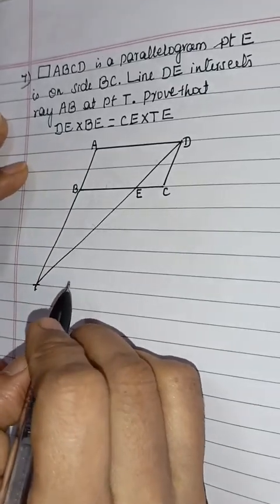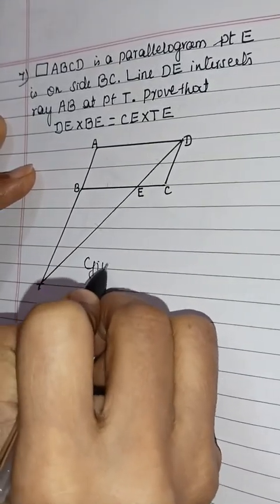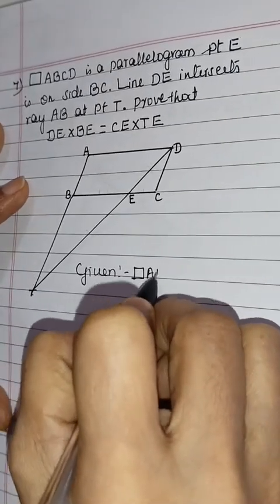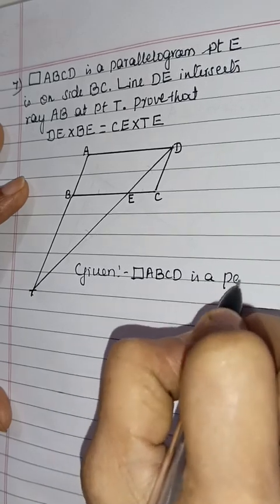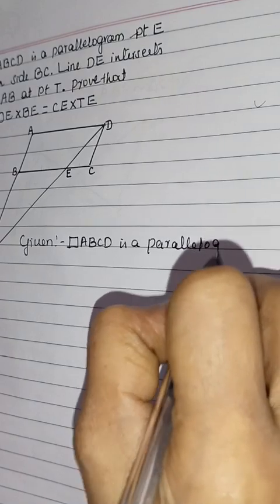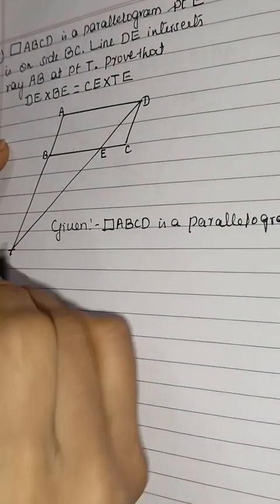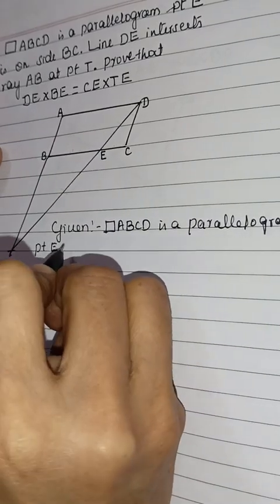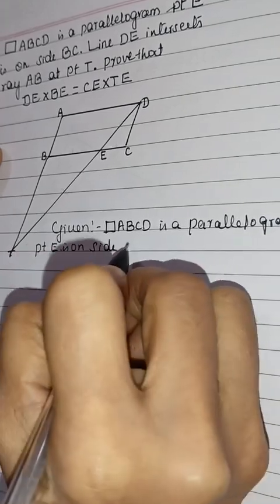So first we'll write given, okay. What is given here? Quadrilateral ABCD is a parallelogram, okay. Point E is on side BC.